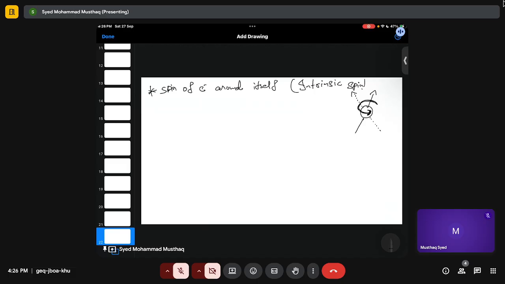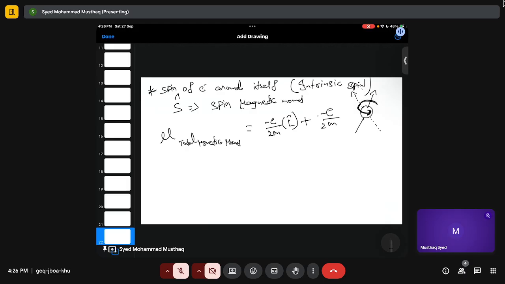There is also this intrinsic spin that is given as S, and this S gives the spin magnetic moment. So my final total magnetic moment will be minus e upon 2m L plus minus e upon m times constant g, and I have S.